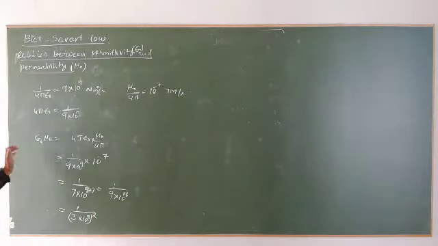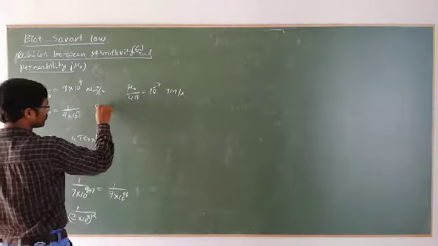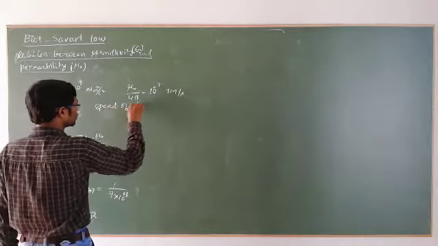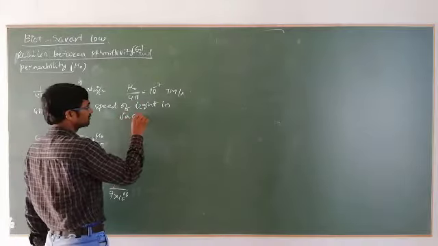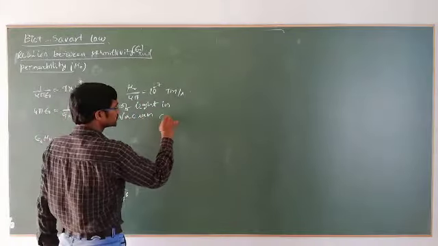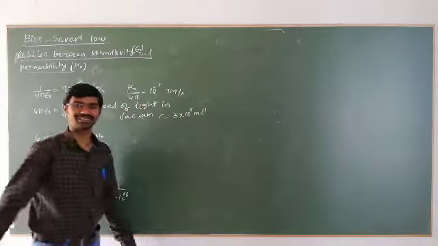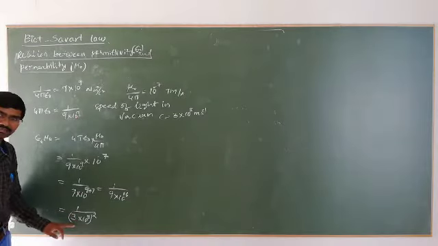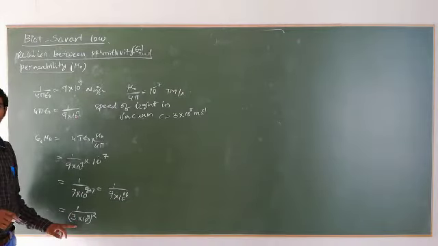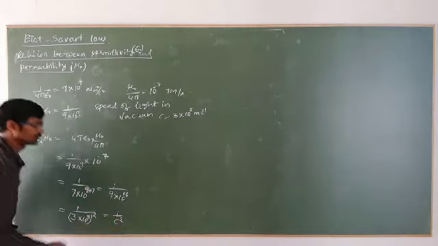But remember, what is the speed of light in vacuum? We know that the speed of light in vacuum, c, is equal to 3 into 10 power 8 meter second power minus 1. Now, 3 into 10 power 8 is nothing but the speed of light in vacuum. So we can write 1 by c square.